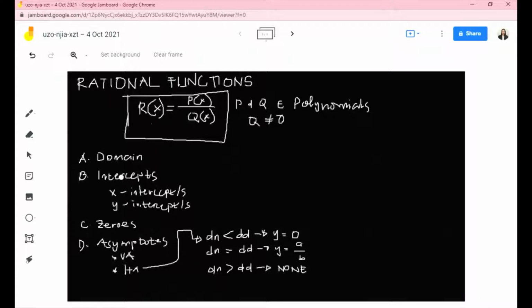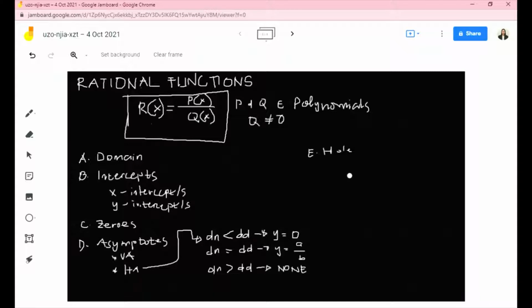Now, after you find the domain, the intercepts, the zeros, and the asymptotes, we also have to look for the holes of our function. The hole, it is simply the removable discontinuity in your function. So how to solve the hole?